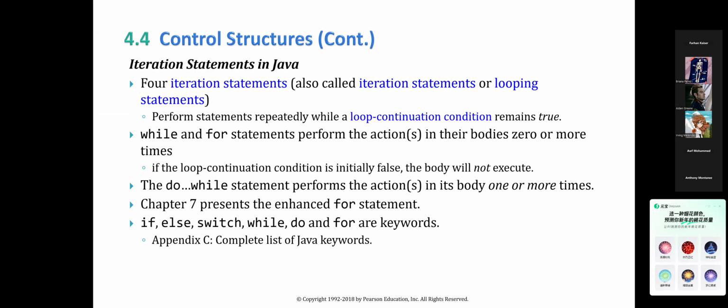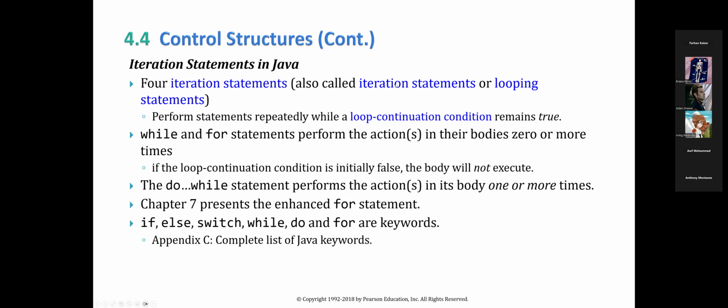For iteration statements in Java, there are 4 kinds. The first one is the while statement, and the second one is the for statement. Both of them perform the actions in their body 0 or more times.